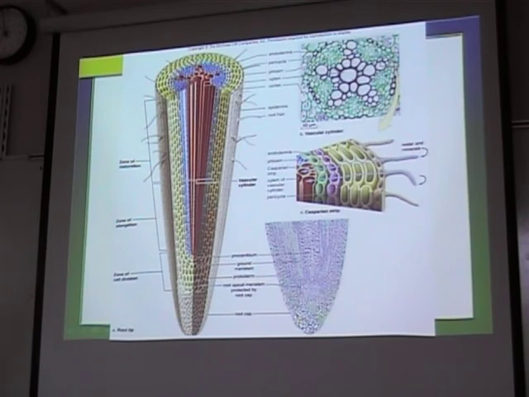What's the word for the multiplying cells? The meristematic cells. So we got dermal cells, ground tissue, meristematic cells that are multiplying to increase the width, and then all of this is vascular tissue on the inside.